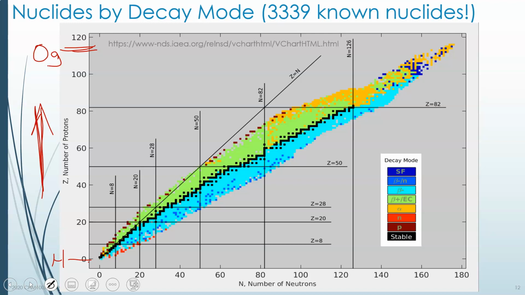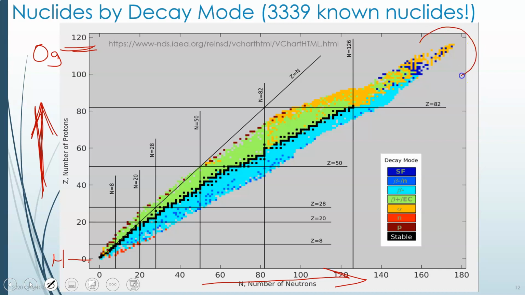But there are a lot of other isotopes, and they're color-coded by the type of radioactive decay they undergo. I mentioned the y-axis is the number of protons. The x-axis is the number of neutrons. So they get heavier and heavier as you go to the right, and as you go up.